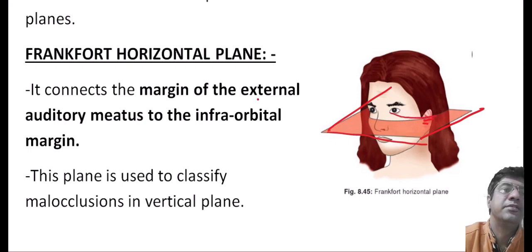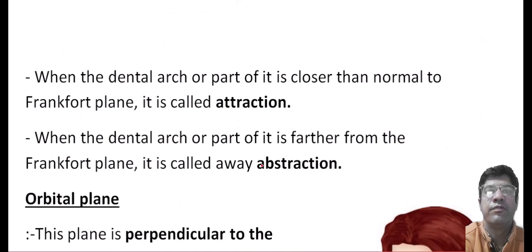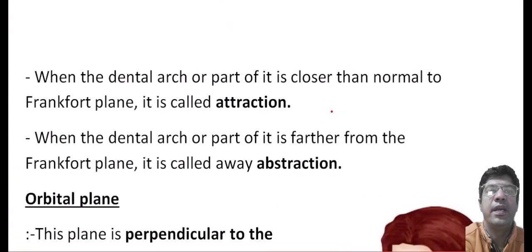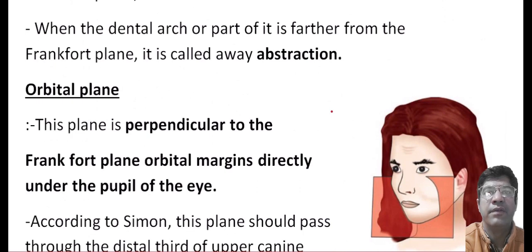This plane is used to classify malocclusion in the vertical plane. When the dental arch or part of it is closer than normal to the Frankfurt plane, it is attraction. And when the dental arch or part of it is away from the Frankfurt plane, it is abstraction.